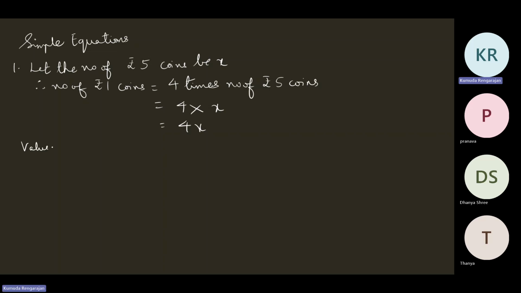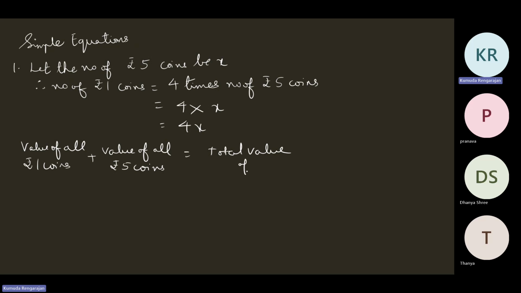value of all rupee 1 coins plus value of all rupee 5 coins is equal to the total value of money. The total value of the coins is given as rupees 72.